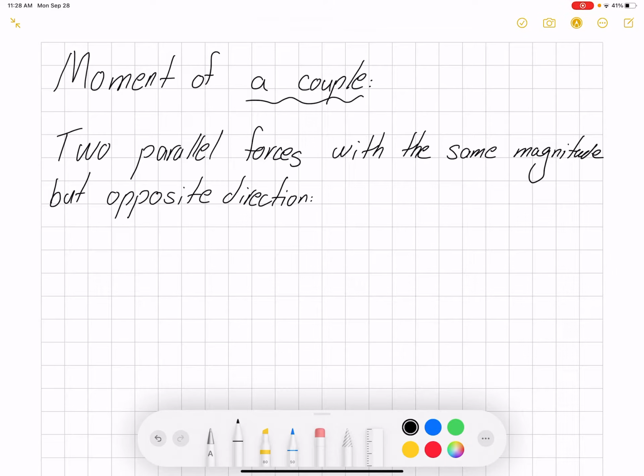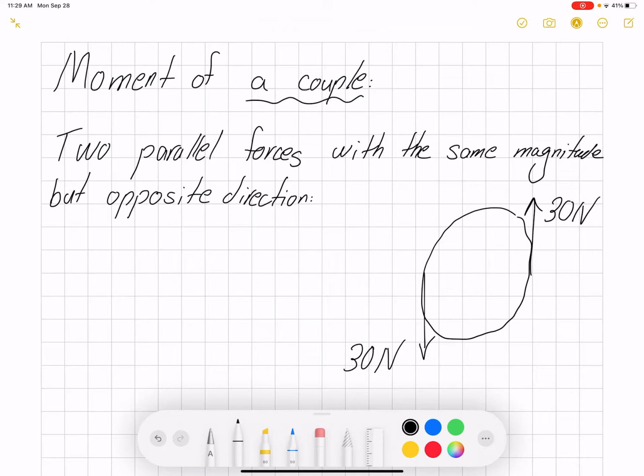So let's say we have a couple here. Everything is better with examples. Let's say we have 30 Newton here and 30 Newton here. They have the same magnitude and opposite direction. Let's call this the XY coordinate.